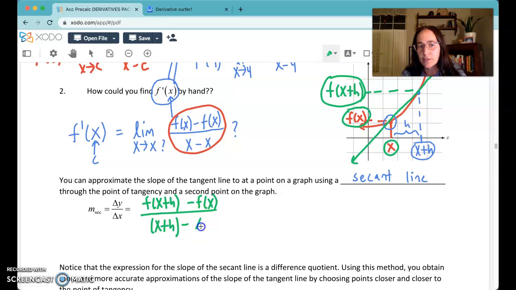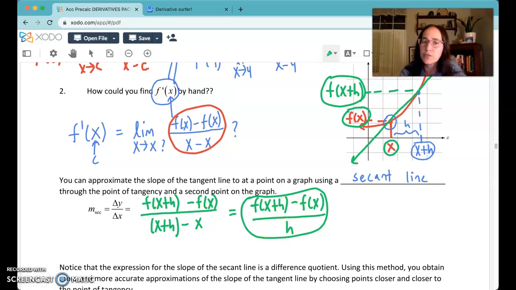They call this a difference quotient. The numerator I'm going to leave as is, f of x plus h minus f of x. But if we can make the denominator simpler, might as well, right? These x's should go away, and you just have an h on the bottom. This is something we're going to be using a lot when it comes to the second definition of derivative. They call it the difference quotient.